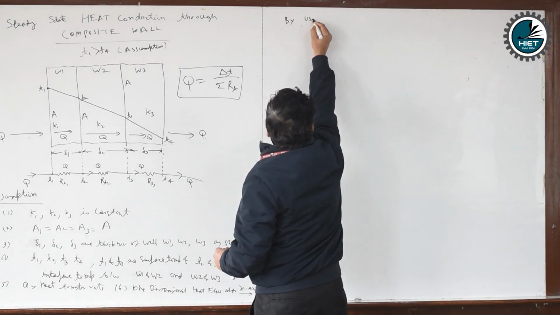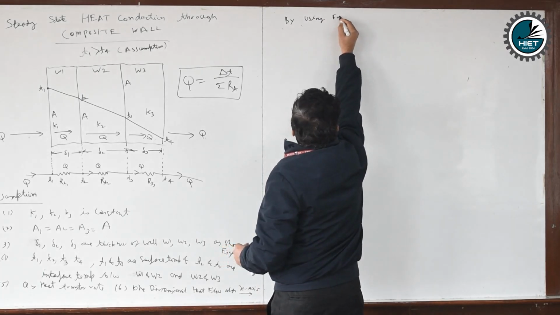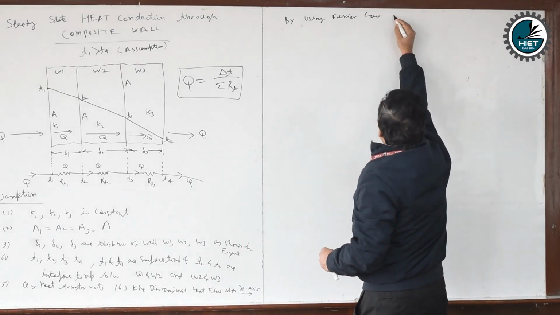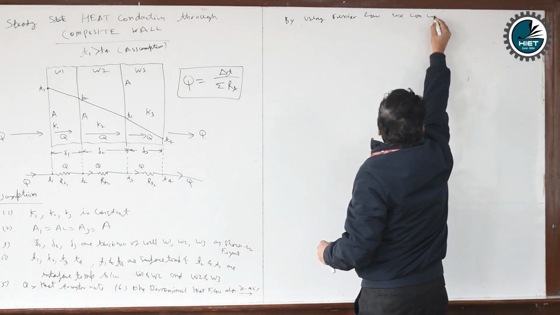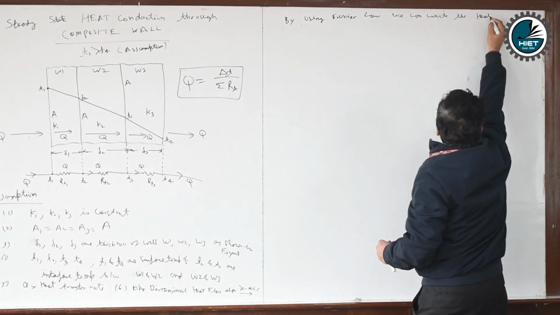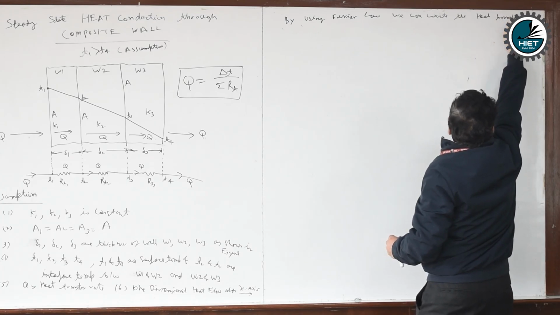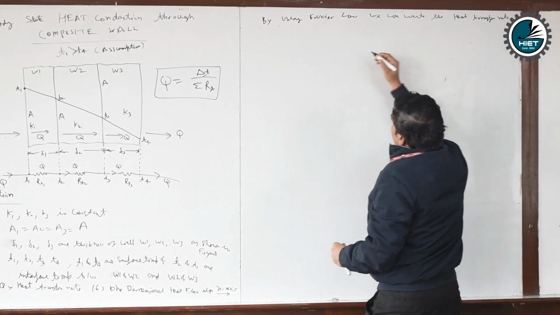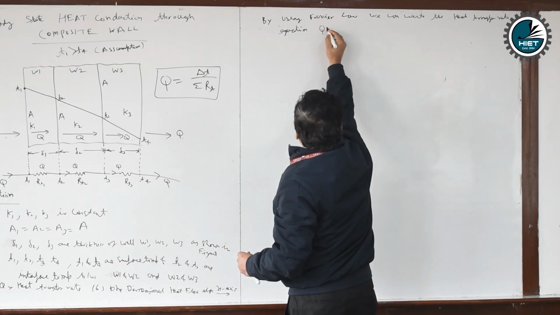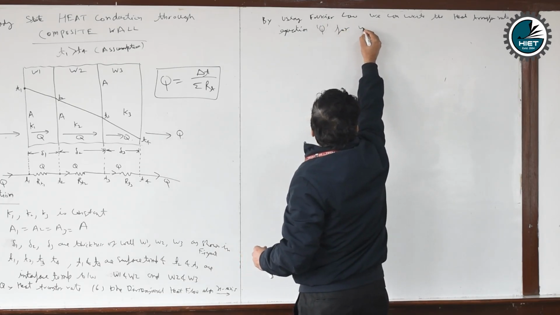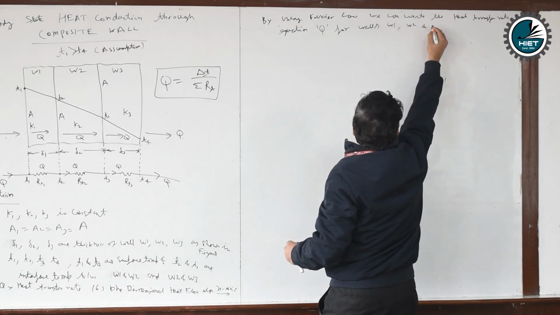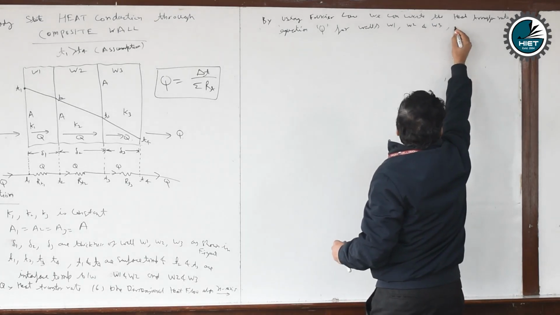By using Fourier law, we can write the heat transfer rate equation Q for walls W1, W2 and W3 as below.